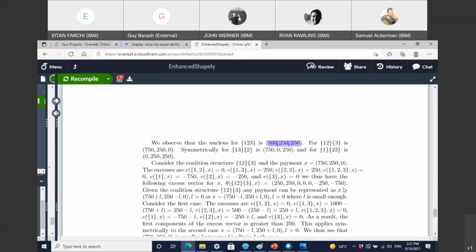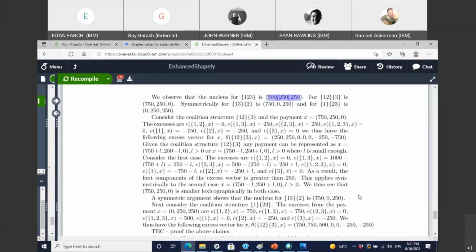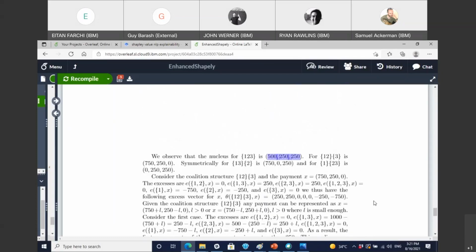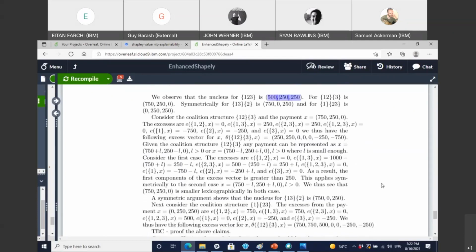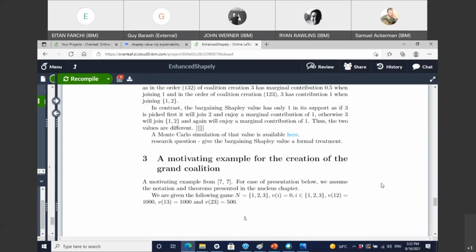Then you order those vectors in lexicographic order and take the vector that is the smallest of all possible vectors. You can prove that that's a single point, the nucleus. So the nucleus is the only excess vector that is meaningful. There's one and only one for any cooperative game.